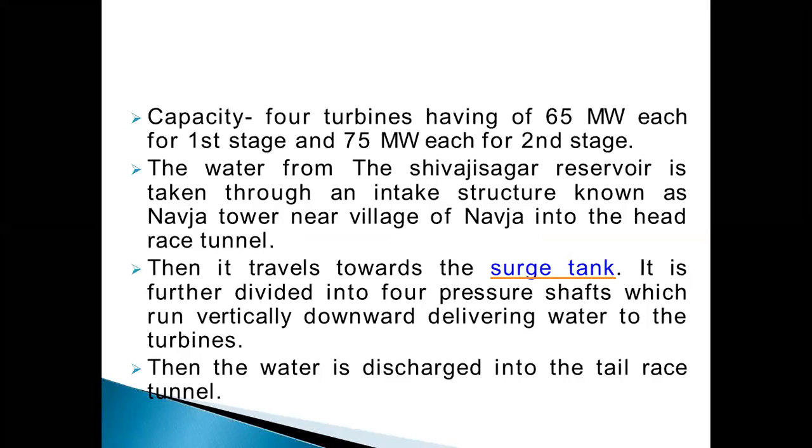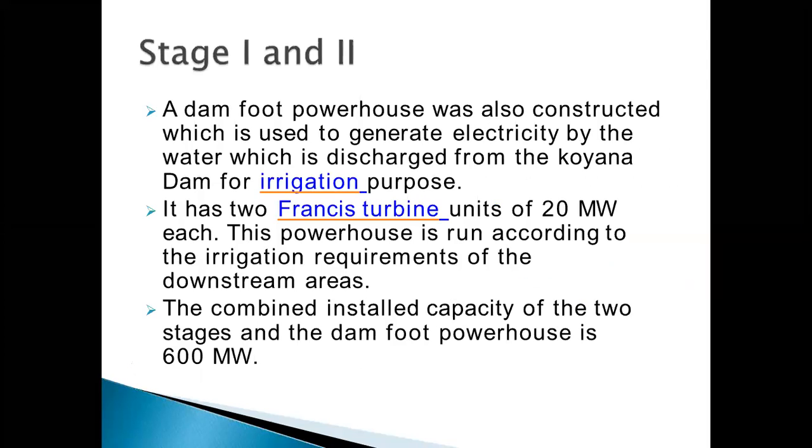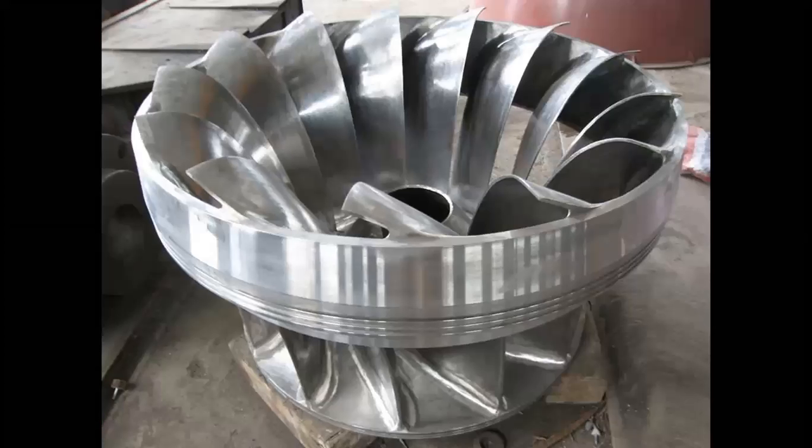A surge tank is also built to reduce the effect of water hammer, to reduce the thrust caused by the pressure of the flow of water in the penstocks. Now it also has Francis turbines of a small capacity, 20 megawatt each. The combined installed capacity of the 2 stages and the dam foot powerhouse is 600 megawatt.